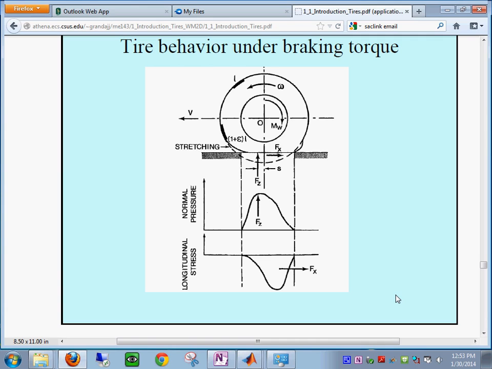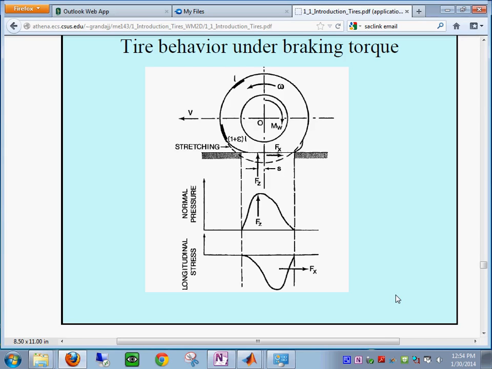So the tire is going to produce the friction force F sub x in there, but you can see how under the braking torque the tire will deform basically on the side, under the brake. The car is going this way, but we're braking the other way.